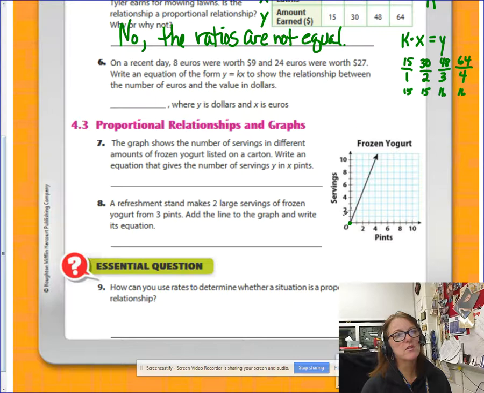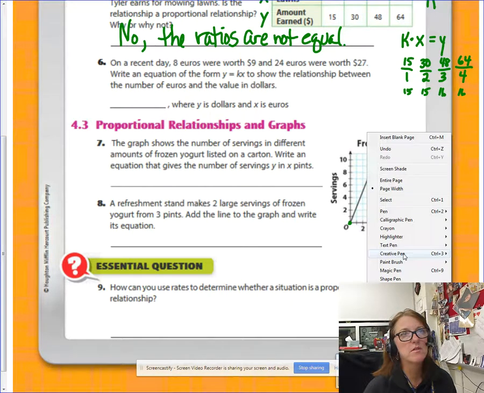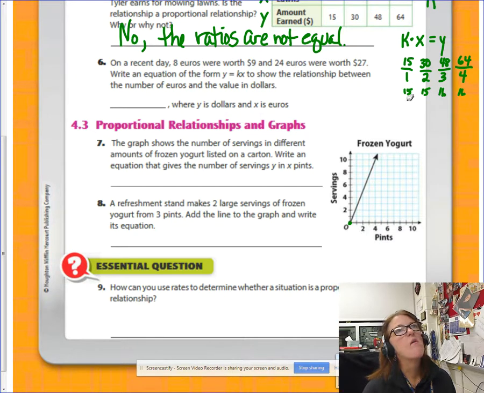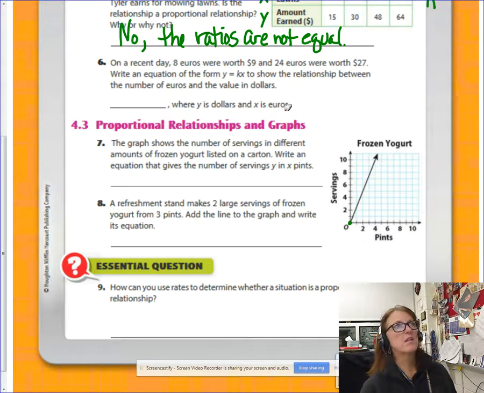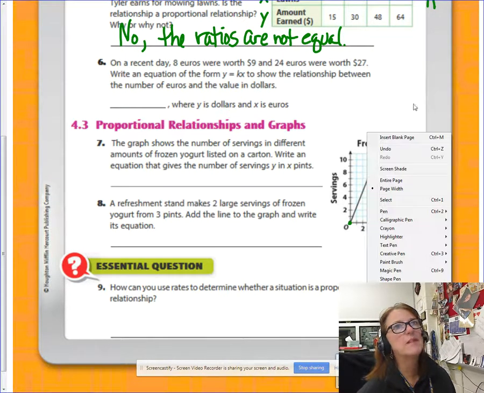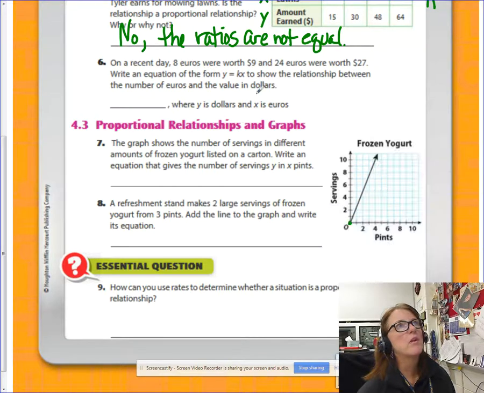All right, look at number 6. This is a similar situation, but they're just giving it to you in words. What I want you to do is take a look at this and see if you can come up with the equation. So we are going to travel and transfer our United States dollars into European currency where they use the euro.